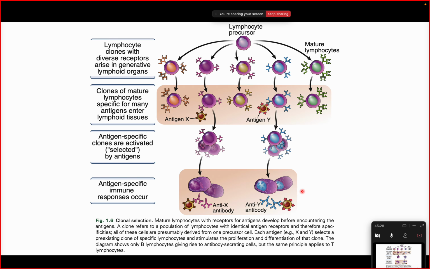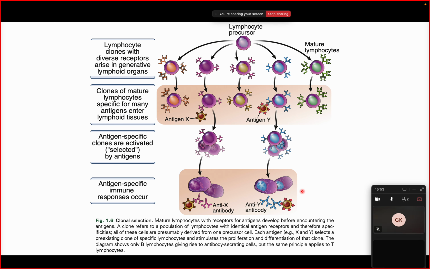Now we are getting into the components of the adaptive immune system. Antibody is a part of humoral immunity. How does antibody come into play, or how is it produced, because it is specific? Where is this specificity coming from?